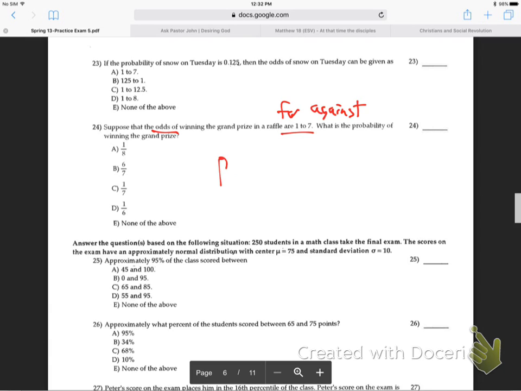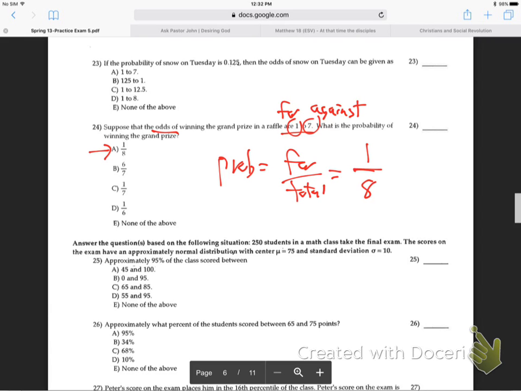You want to change that to probability, which is for over total. So that's 1. And what's the total? Got to be 8, because there's 1 and there's 7. So 1/8. It's option A. We happy with that?